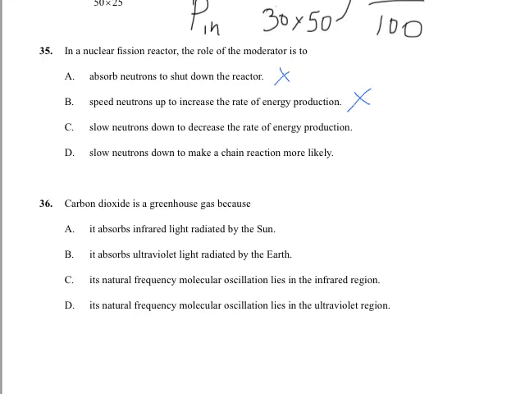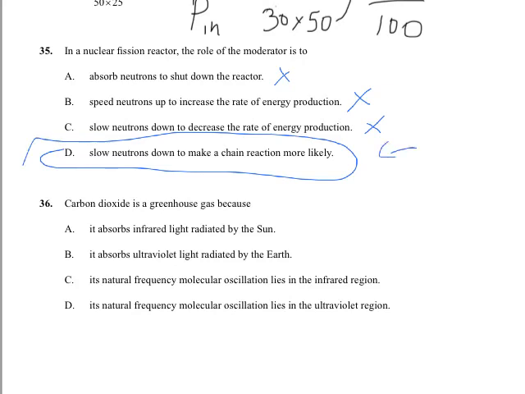Slow down neutrons to decrease the rate of energy production. Also not relevant. Okay. Slow neutrons down to make the chain reaction more likely to happen. It's D. And you're just going to have to learn those off by heart. The role of the moderator, the control rods, the coolant, etc.